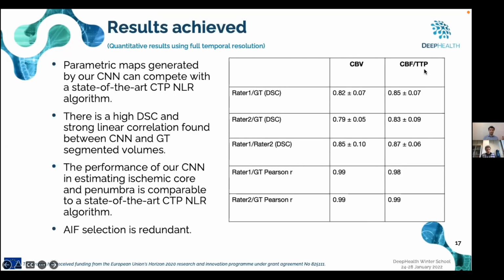And we see here that we can identify similar regions when using both convolutional neural networks and the traditional algorithms to identify ischemic cores and penumbra regions.